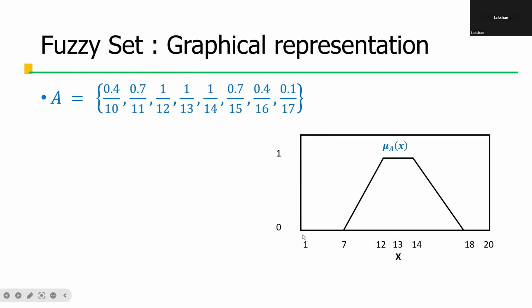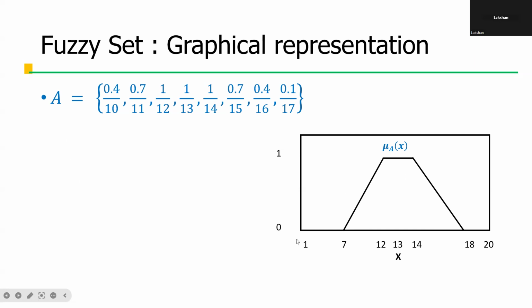So we can represent that from 1 to 7 there are no memberships. Even at 7, it is no. But from there to 12, it increases linearly, and 12 got the perfect score. Then 12, 13, and 14 got perfect membership values. Then from 14 to 18, it gets lower and lower, and at 18 it becomes 0 again.